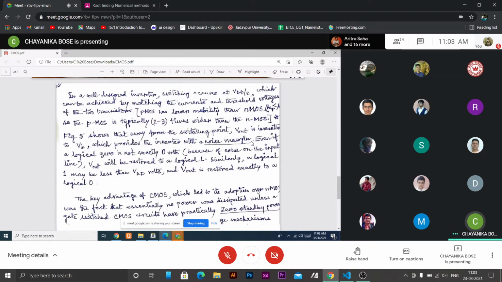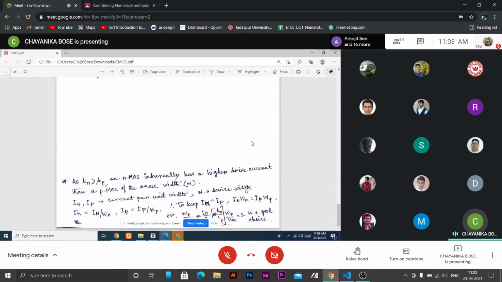So we should take larger PMOS with respect to NMOS. দেখি কি বলেছে, as mu n is greater than mu p, and NMOS inherently has a higher drive current than a PMOS of the same width.